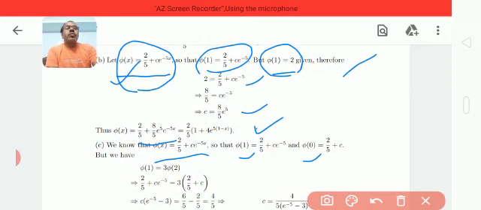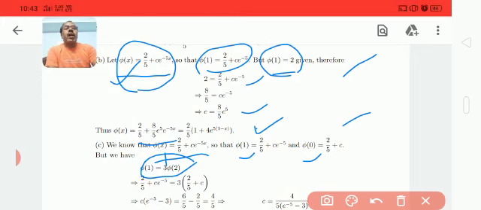Put x is equal to 0 here, you will get the value of phi of 0. And using the boundary condition, phi of 1 is equal to 3 times phi of 0. So this is not 2, it is 0.